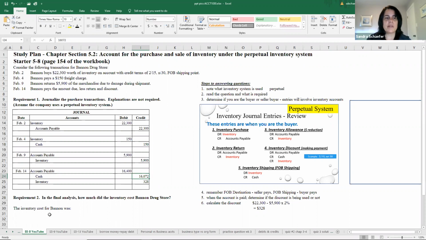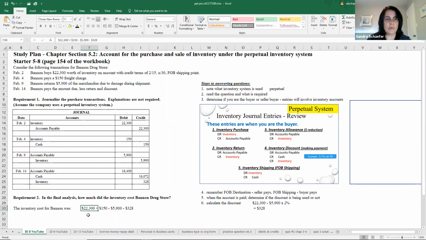The second requirement is to calculate how much inventory cost Bannon Drugstore has. Inventory cost is simply adding up or subtracting all of the transactions that have affected inventory. So in order to calculate that, we are going to take our $22,300 plus our $150 minus $5,900 and minus the discount of $328.